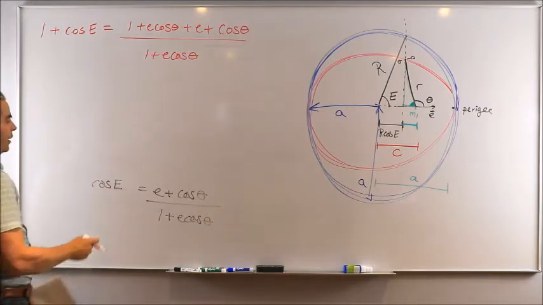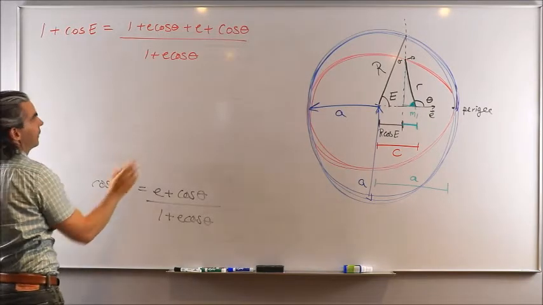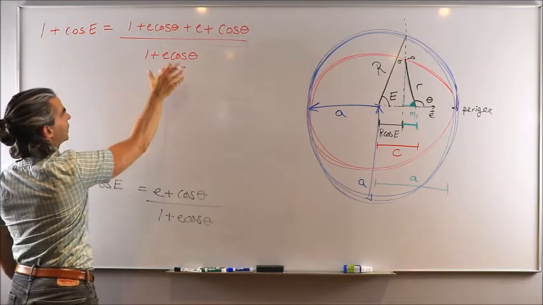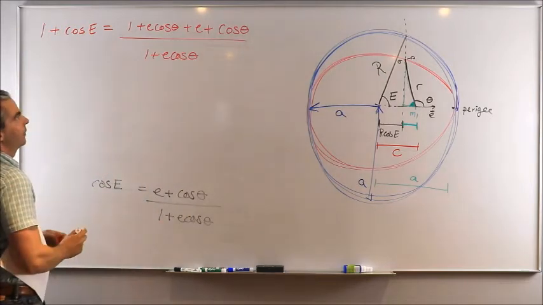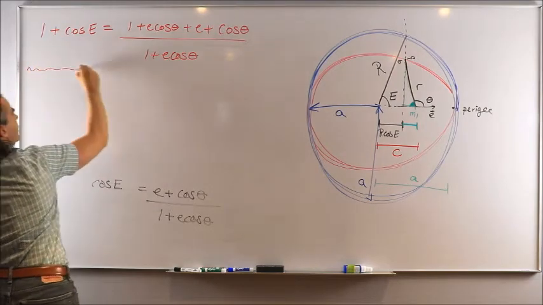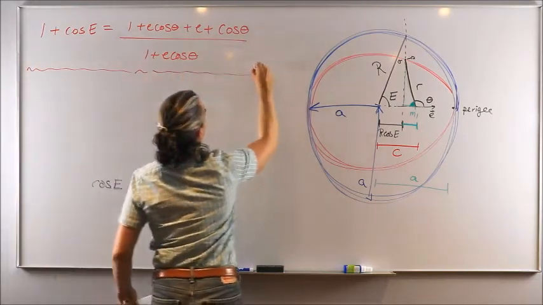So I just added 1 plus this, and I've done everything in the same step, putting everything onto the same denominator in one step. I'm going to keep that result handy for later on.